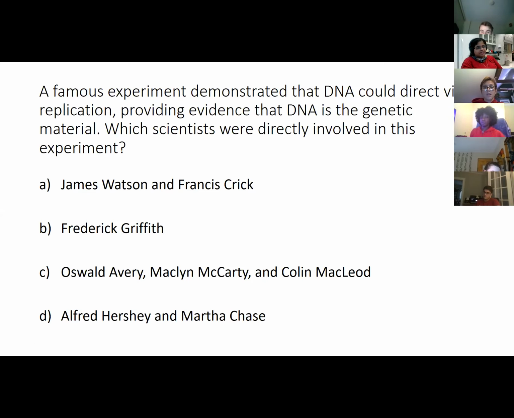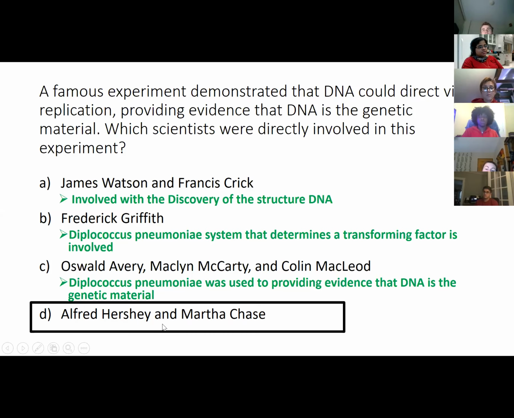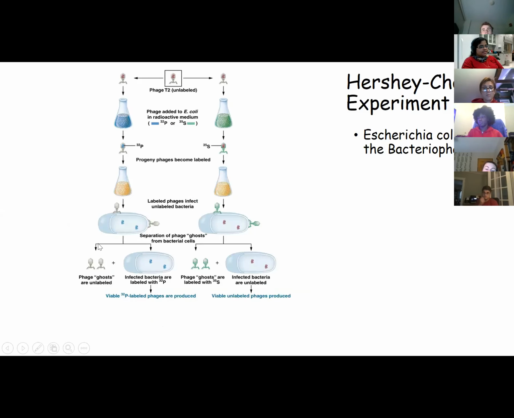Yes. So again, we talked about these two. They worked with Diplococcus pneumonia. Watson and Crick were involved with the structure of DNA. So it leads to Hershey and Chase, which is pretty much that experiment.